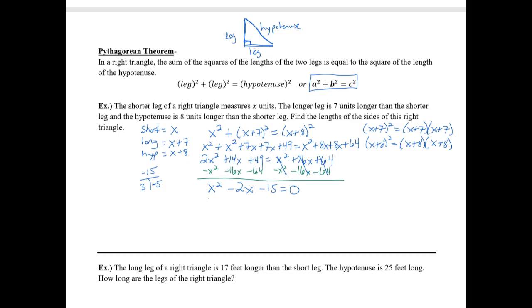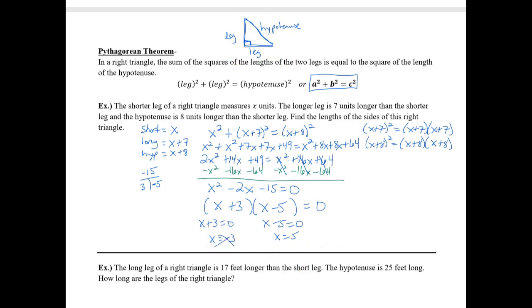Since that front coefficient is 1, I can go straight into my factors of x plus 3 and x minus 5. I set each factor equal to 0 and solve them. Subtract 3, I get x equals negative 3; add 5, x equals 5. We're talking about the distance of these side lengths, the legs and the hypotenuse, so it can't be negative.